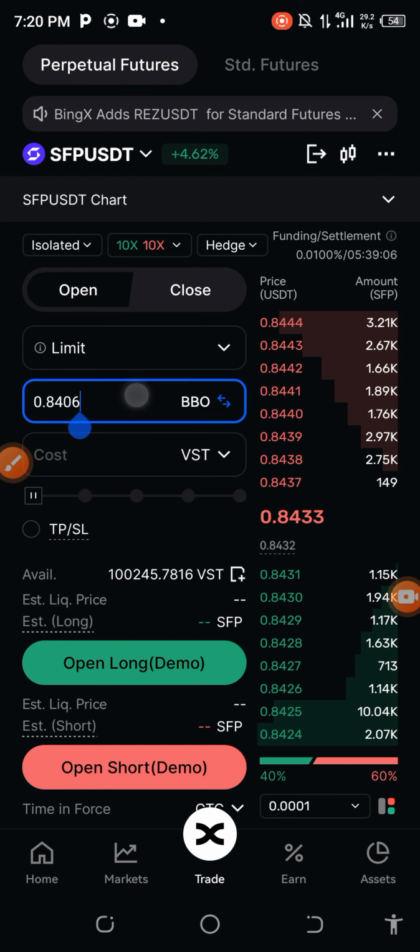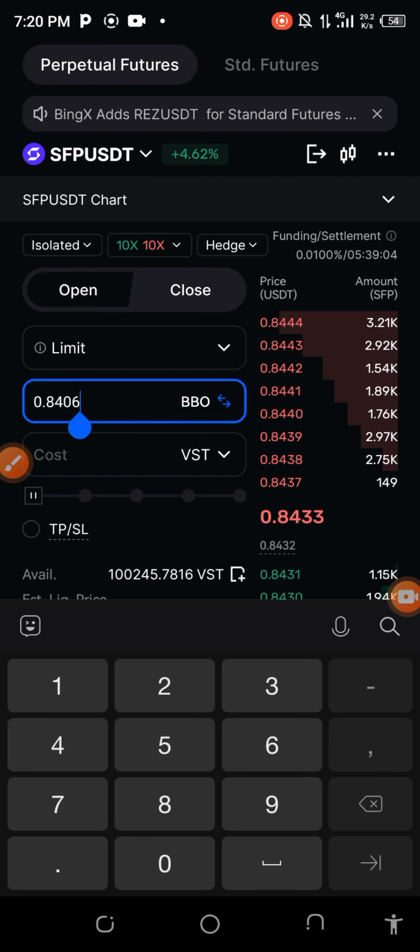When you click on limit, it's going to show you a space where you're going to put the price to buy that particular coin. Put the price you are asked to buy. Maybe the BTC is at 0.8427 now, and you have to buy at 0.8328, which is lower than the current price.